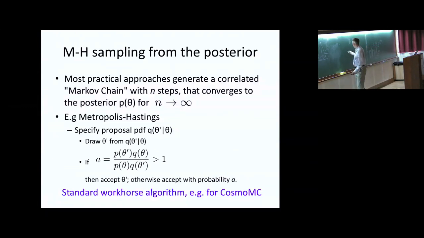And then you have a function to evaluate. So you have your P of theta given d, which is proportional to this. You forget about the normalization because it turns out you don't need it for this. And then you just go around and evaluate this function as a function of your theta.